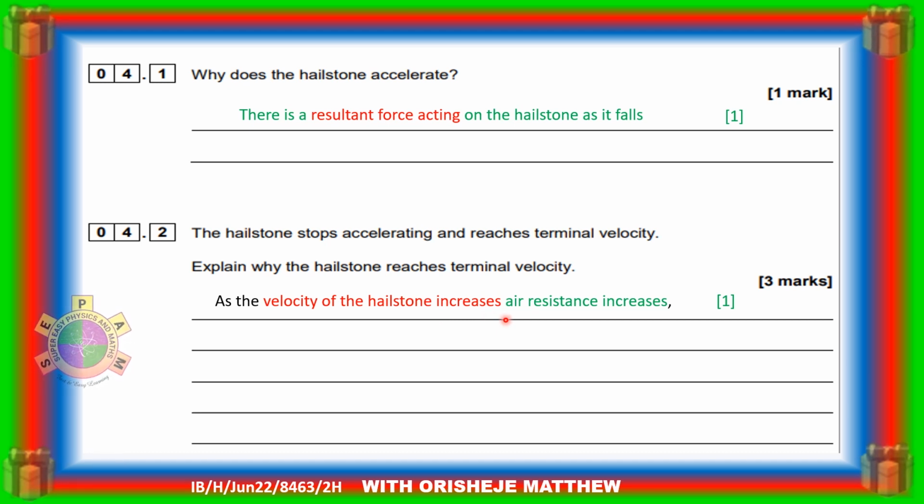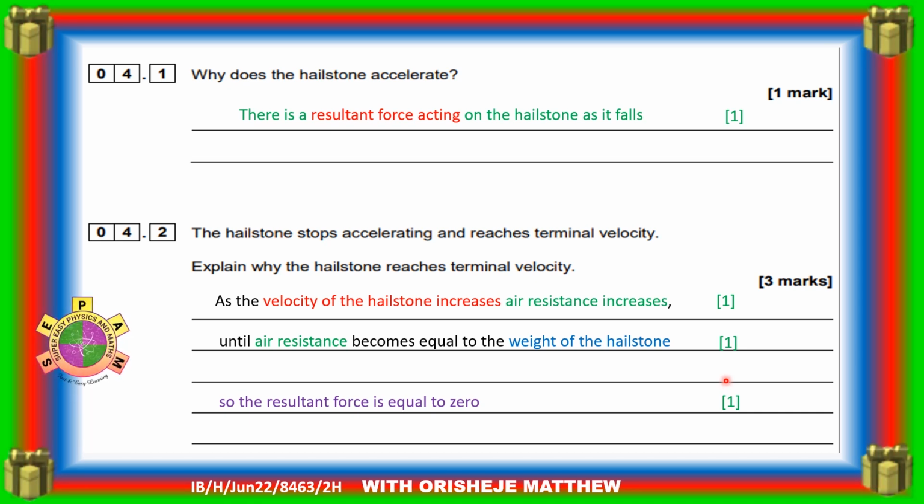At that point, it has attained the maximum velocity, and there is no more resultant force acting on it vertically. And so it starts moving with the constant highest velocity it has attained, which is called the terminal velocity.